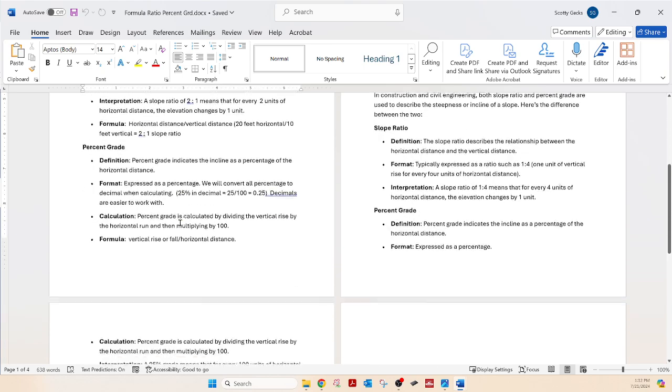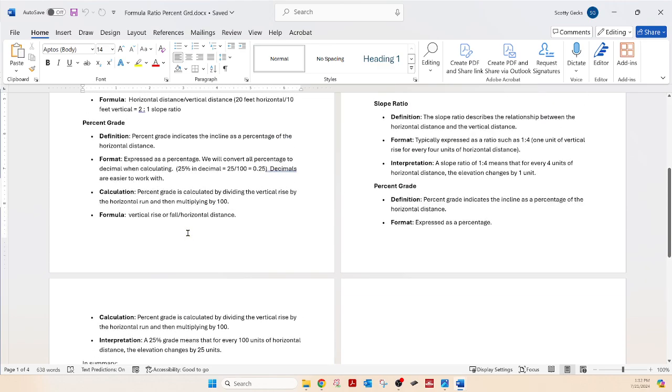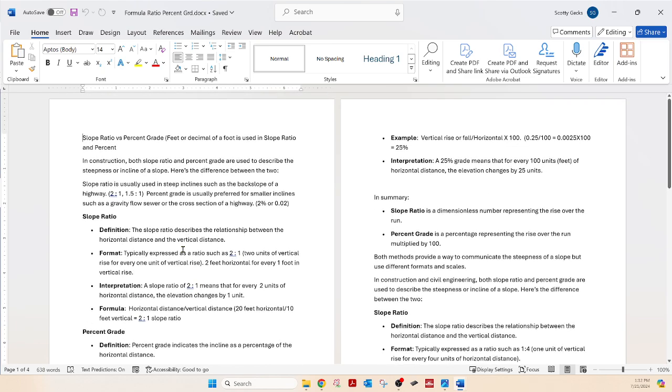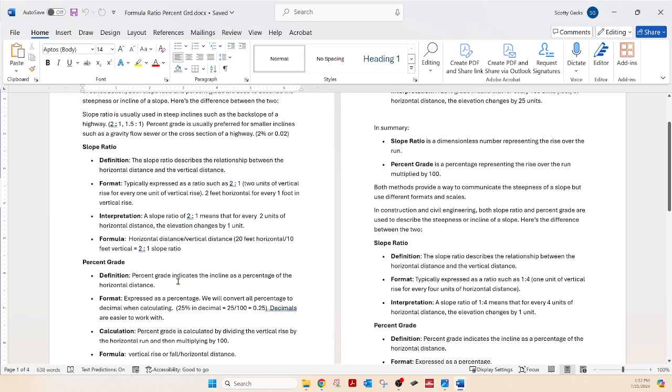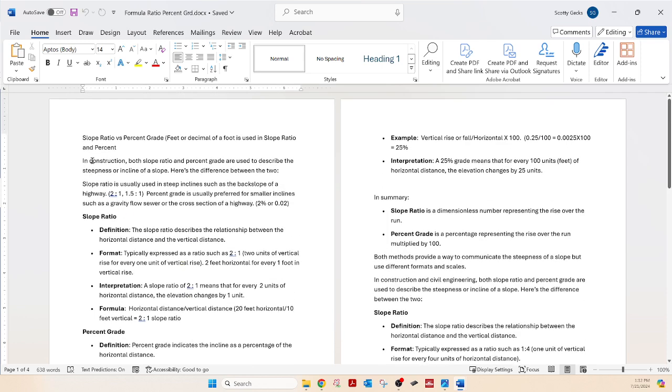I don't want it to confuse you, and I don't really want to take any more of your time up. But read through it. When I figure out a way to get it to you, if I put it in tangents, I'll call it slope ratio versus percent grade, and put it in there as a file, and you can open it and read it. Let's do that, because you may be able to copy it.